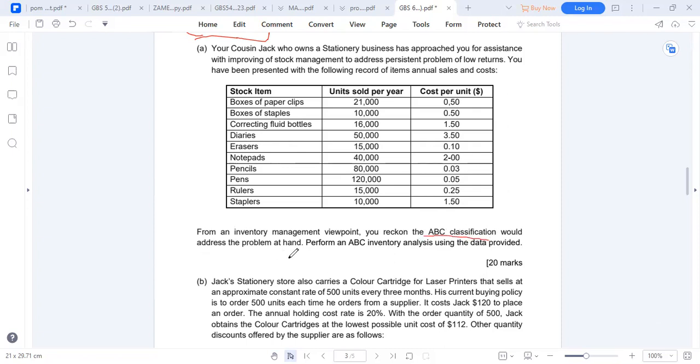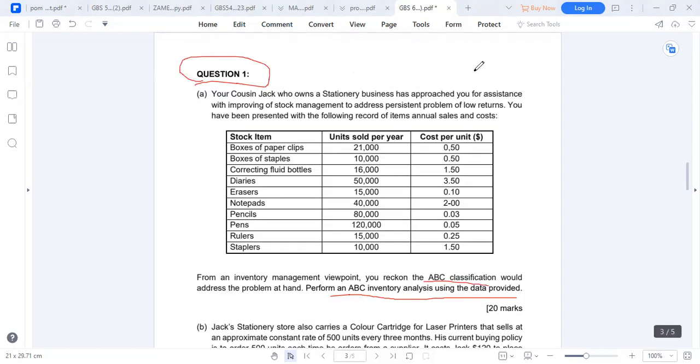Then we need to perform the ABC inventory analysis using the data provided. So as we classify the inventory, sorting out this question 1 problem, we are supposed to take note of something.